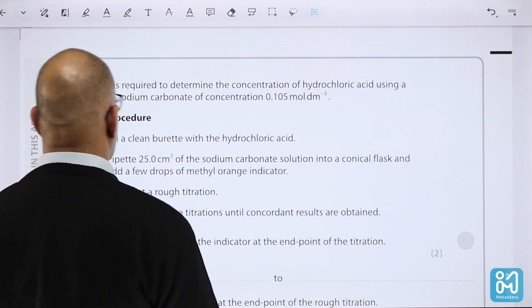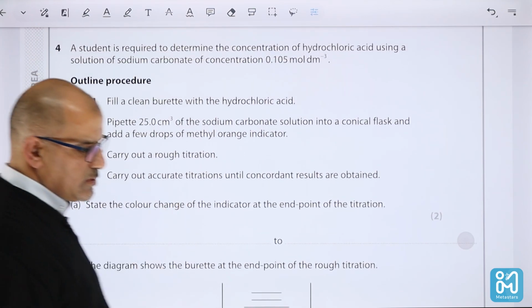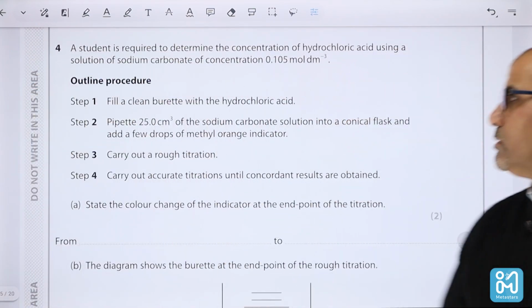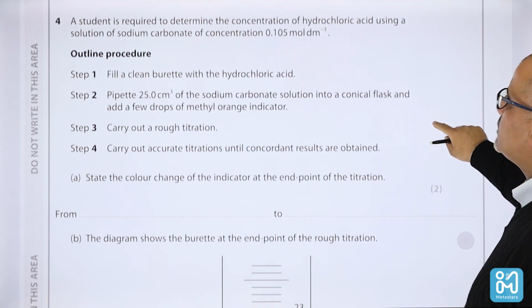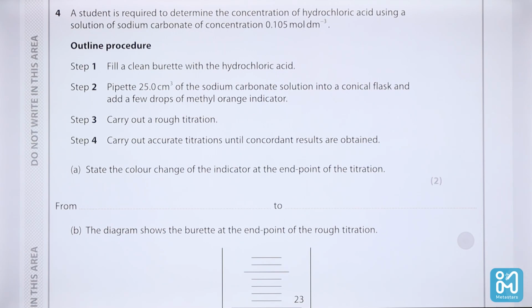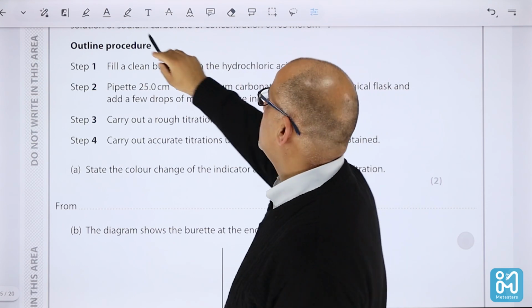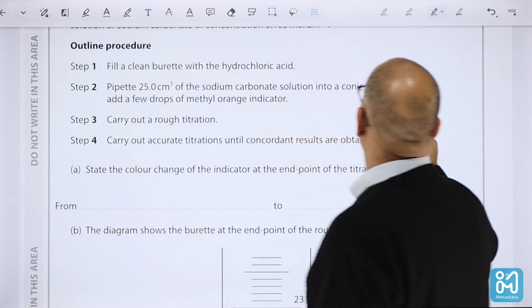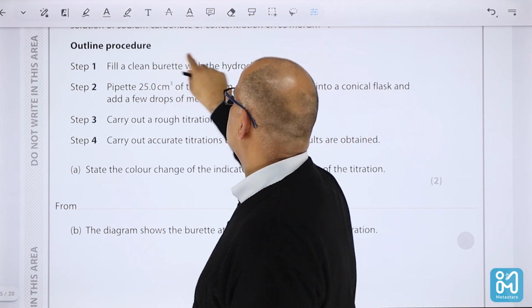And for question 4, a student is required to determine the concentration of hydrochloric acid using a solution of sodium carbonate of concentration 0.015 mole per cubic decimeter.